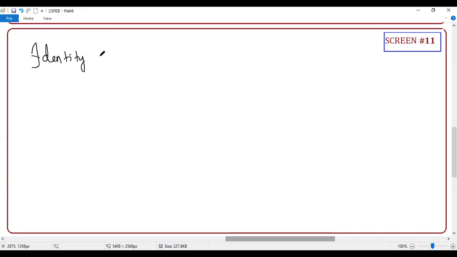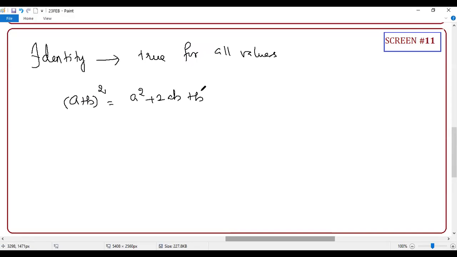A plus B the whole square. Yes, correct. So we know that A plus B the whole square equals A square plus 2AB plus B square. Correct? This is an identity. This is true for any values.